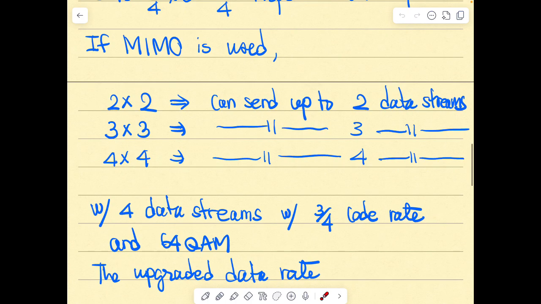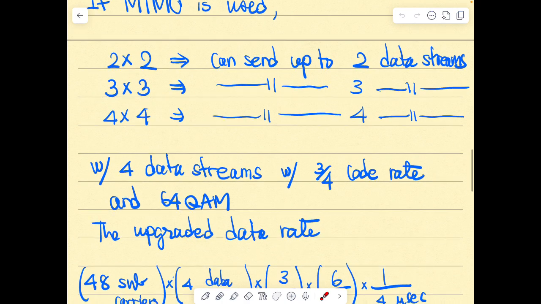For example, with a 2x2 configuration, meaning 2 antennas for the transmitter and 2 antennas for the receiver, we can send up to 2 data streams. With a 4x4 configuration, we can send up to 4 data streams.